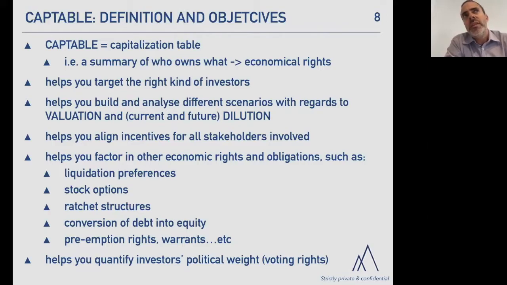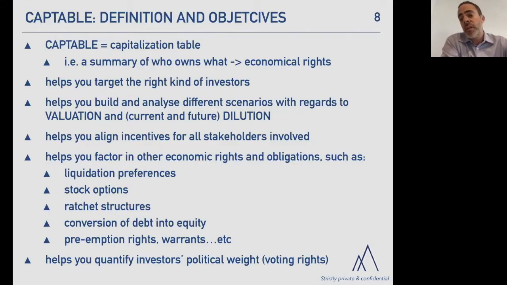So my 10% will become 8%. But if I have a preemption right on a pro rata basis, I can put in 10% of the new money. And if I put in 10% of the new round, my 10% will not go down to 8%, it will stay 10%. Okay? And that's the whole logic.